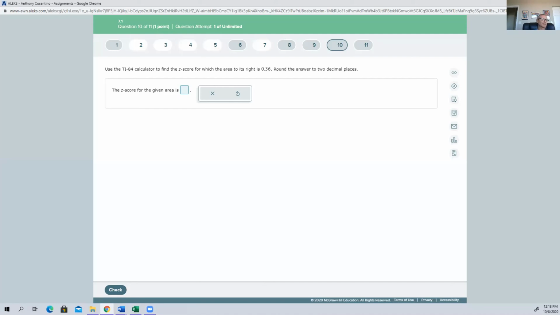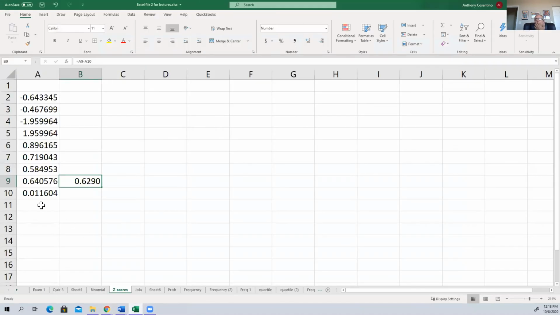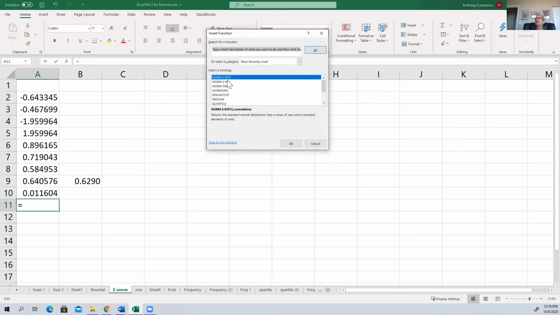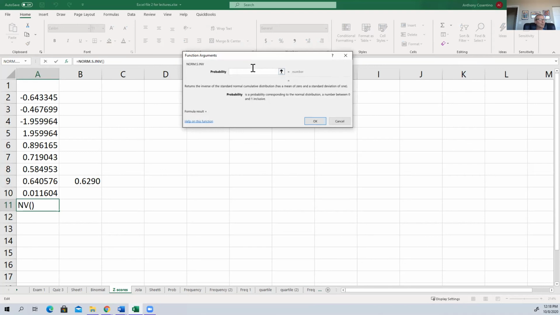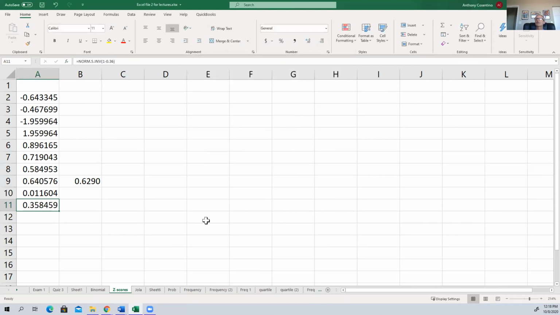And here you want a z-score with 2 decimal points. So we go to the spreadsheet, and this is the other function. So this would be the INV function, and the probability is always to the left. So this would be 1 minus 0.36. And you can see you get a z-score of 0.35, blah, blah, blah.